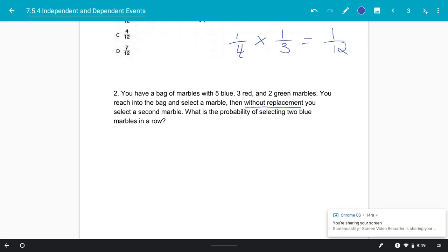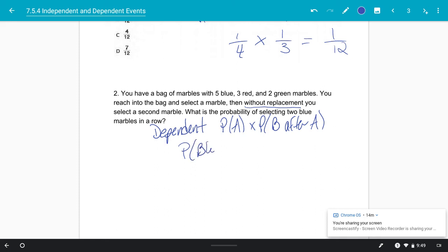Totally. So these 2 things are going to be considered dependent. And so my probability in this case is the probability of A times the probability of B after A happened. So we're going to look at the probability that we get a blue marble times the probability that we get another blue marble.